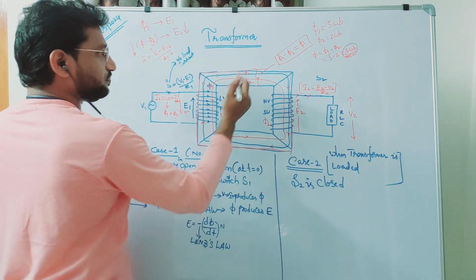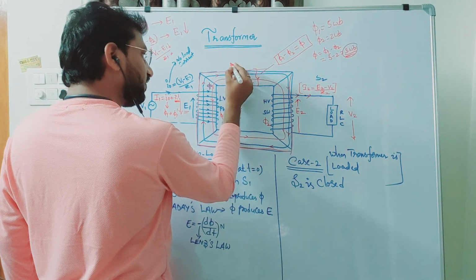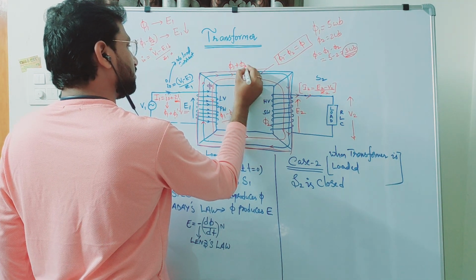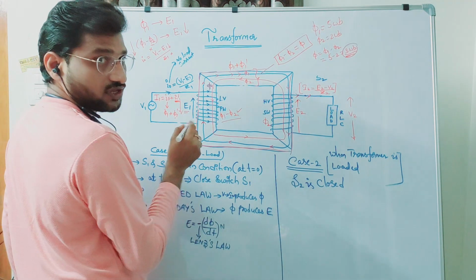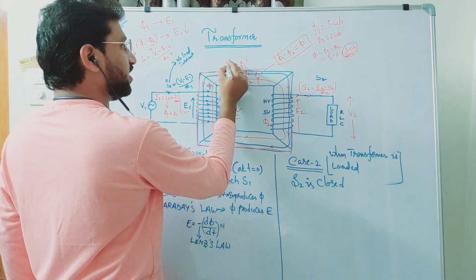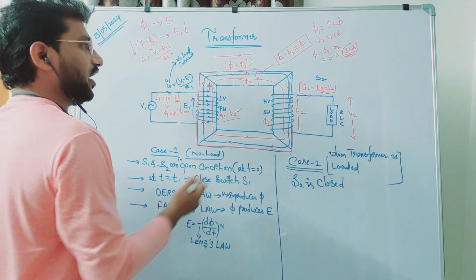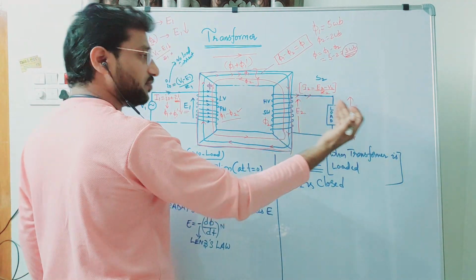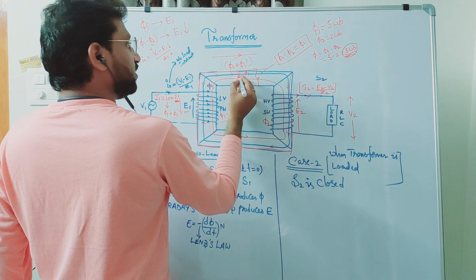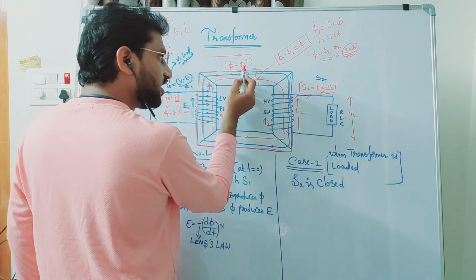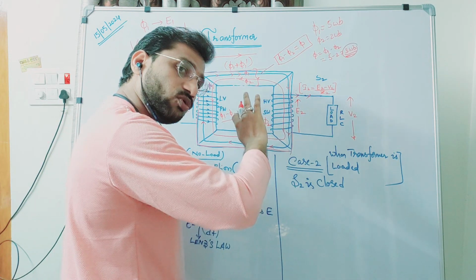So now the revised flux in the primary winding is phi 1 plus phi 1 dash, going from left to right. And what is the flux already coming from right to left? It is phi 2. As I told you, phi 1 dash and phi 2 are both equal and opposite.